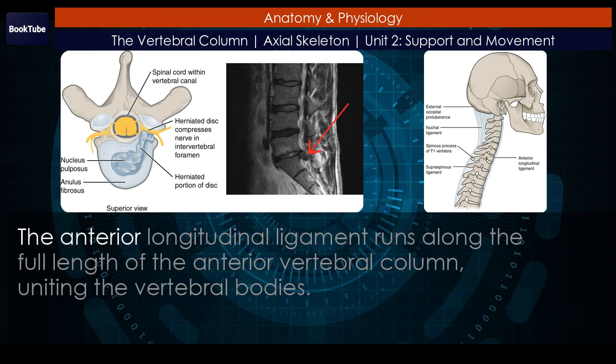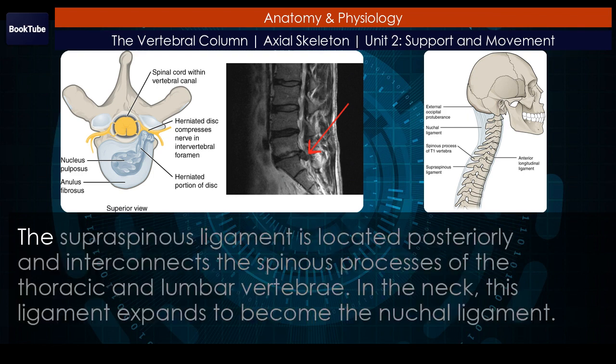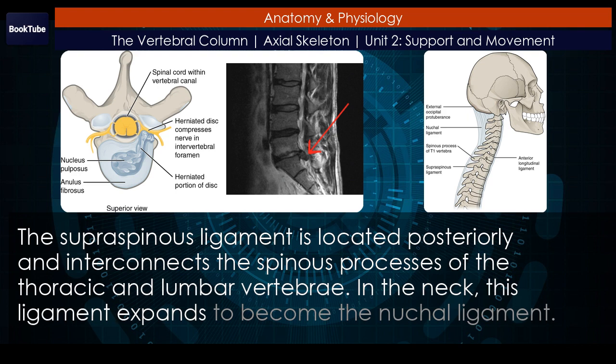The anterior longitudinal ligament runs along the full length of the anterior vertebral column, uniting the vertebral bodies. The supraspinous ligament is located posteriorly and interconnects the spinous processes of the thoracic and lumbar vertebrae. In the neck, this ligament expands to become the nuchal ligament.